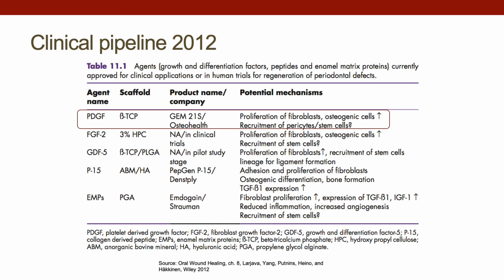It can cause proliferation of fibroblasts and osteogenic cells, along with a scaffold as well. Or here's fibroblast growth factor 2 being used with another scaffold in this clinical product. And then there are various others listed there too.